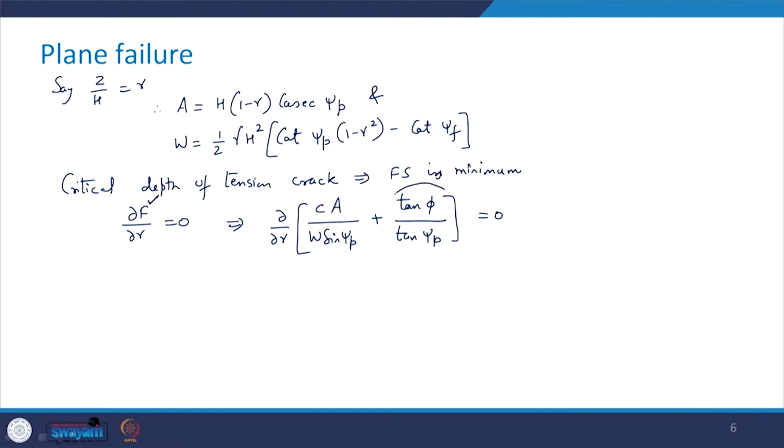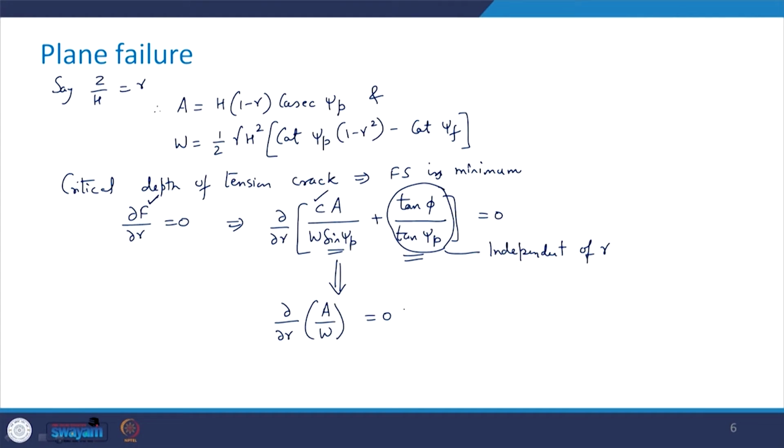Now, you see this term is independent of r. So, its differentiation is going to be 0, and C and psi p are also constant. So, ultimately this equation will be reduced to del r of A upon W to be equal to 0.